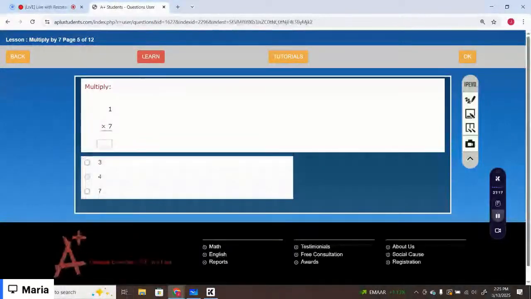One times 7. Very good. 7 times 1 is 7. Option number three is the correct option.